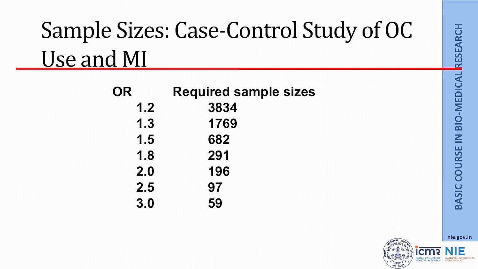Now this slide gives you the required sample size for various OR. Say, for example, you want to detect an OR of 1.2, then you need a sample size of 3,834, whereas if you have to estimate an OR of 3, it is enough if you have 59 in each group.